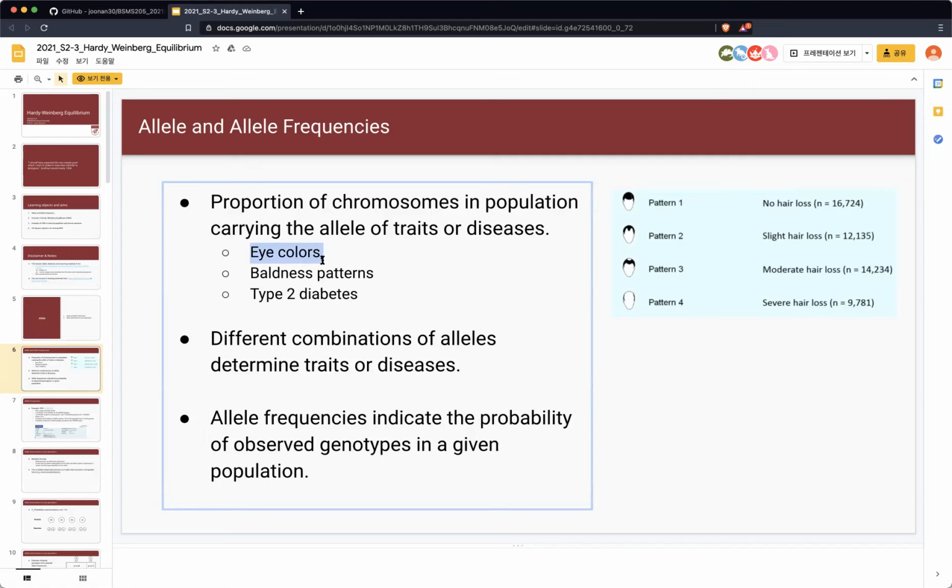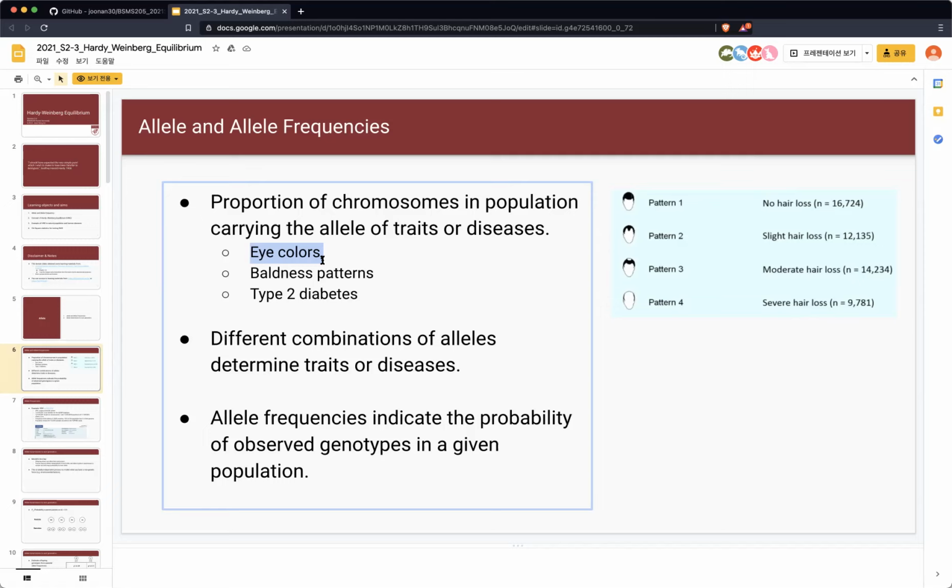And other than eye colors, we can also look at baldness patterns or type 2 diabetes as well. So the first thing you have to know is that allele proportion or allele frequency is quite equivalent to the phenotypic distribution in a population. So that is the one thing.